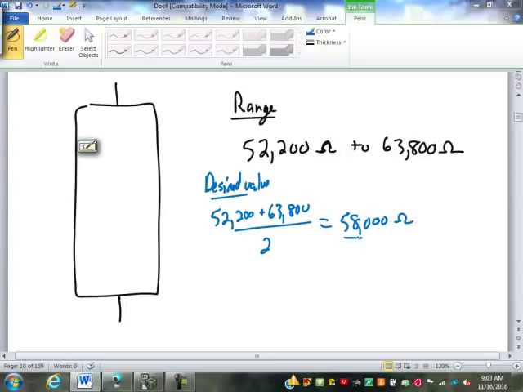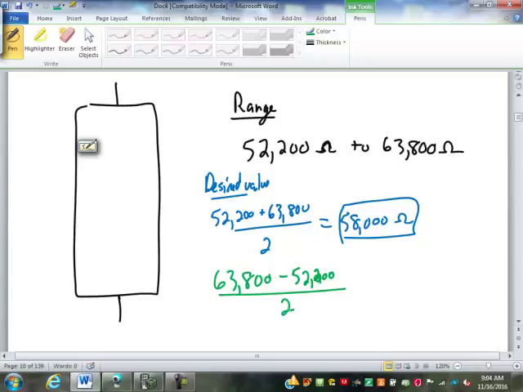That's our desired value. To get our allowance, we could just take that and subtract one of the others, or we could subtract them from each other. And divide by 2, it's going to give us 5,800.